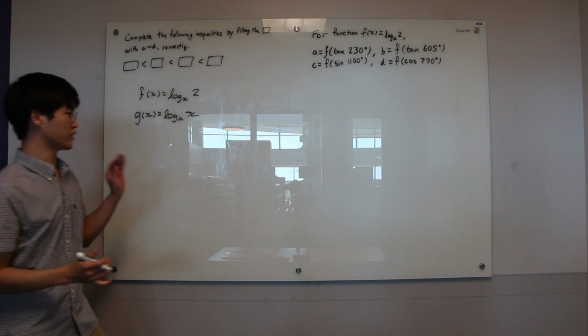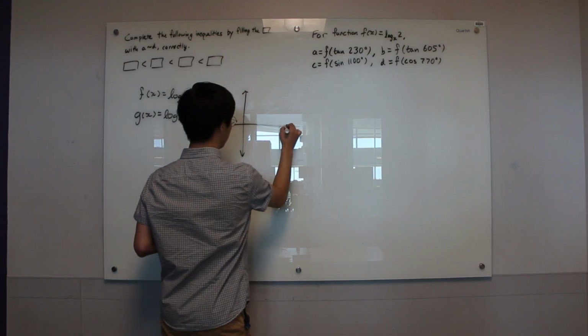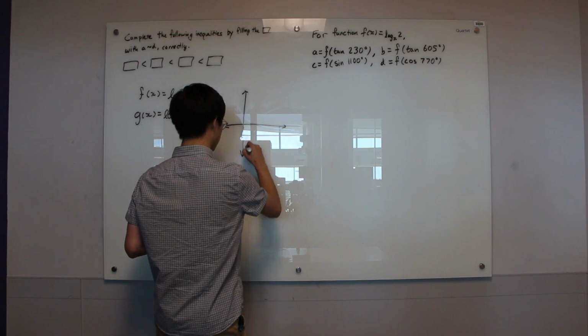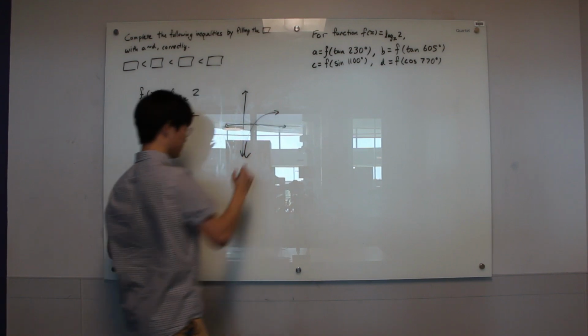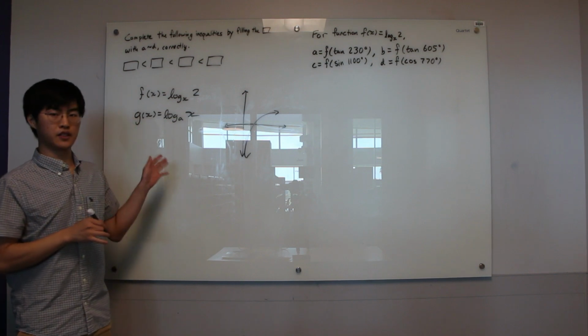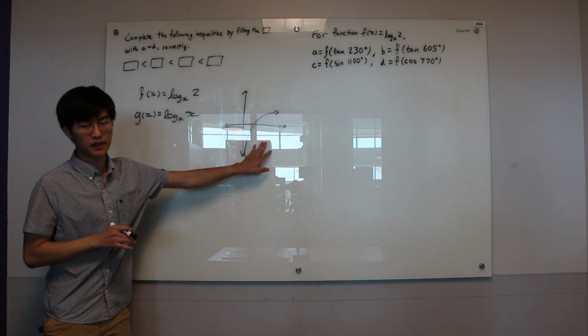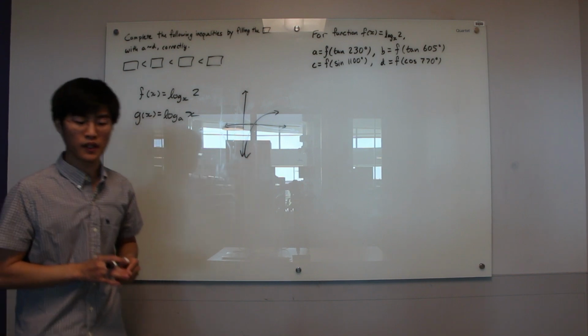And usually this function would end up looking something like this. Now, the issue with this problem is that we don't actually have this function. What we have is that the x is actually the base. So this means that this is irrelevant to our question.